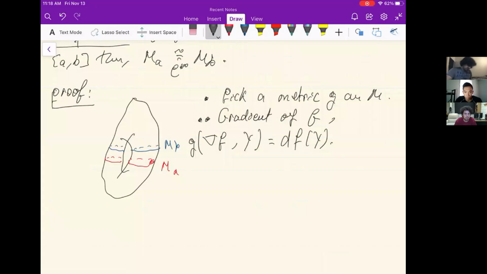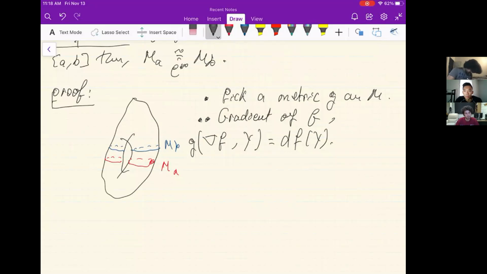In fact, when you are dealing with closed manifolds, everything is embedded in R^n, so you can just work with the Euclidean metric, but then you have to pick your Morse function nicely. Let me not consider this.